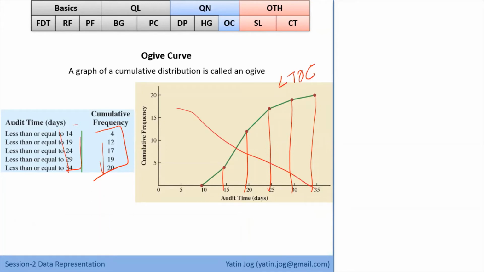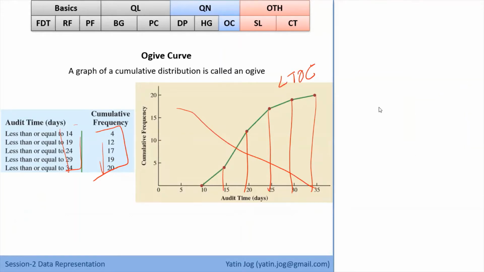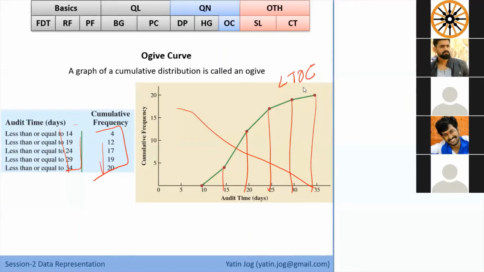So you can have two types of Ogive curves, less than and greater than, based on what type of cumulative frequency you are using. If you are using less than cumulative frequency, you get the less than Ogive curve. If you are using greater than cumulative frequency, you get the greater than Ogive curve. Now we will see how to draw these Ogive curves in Excel, so let's start with the Excel session.